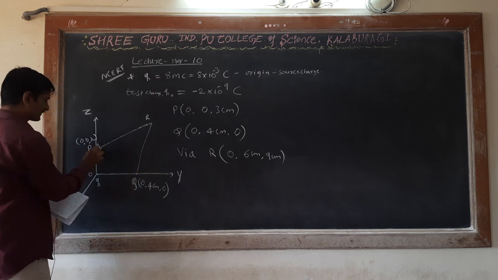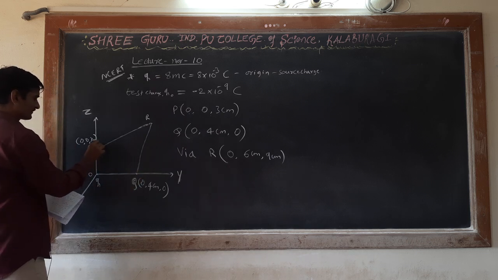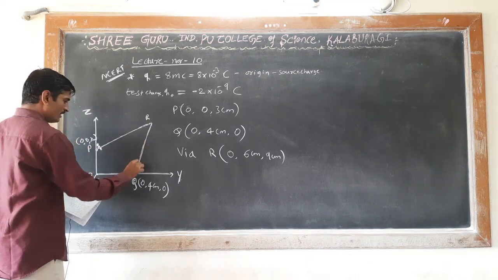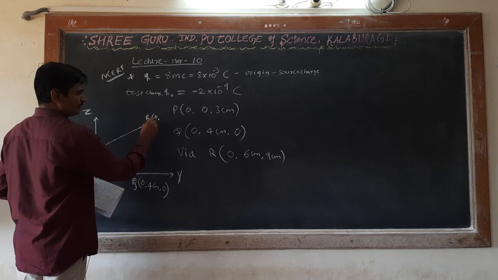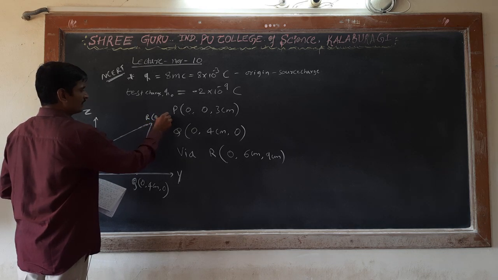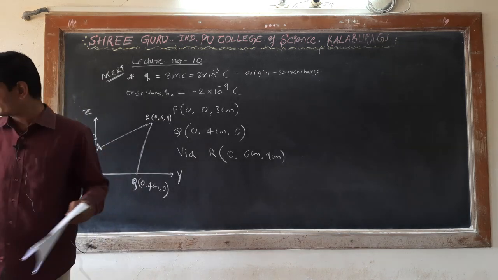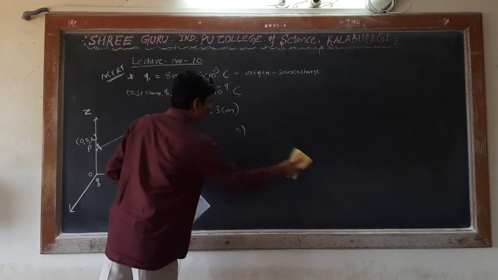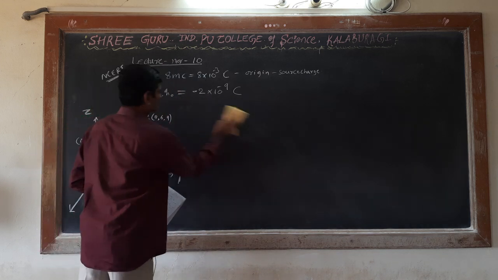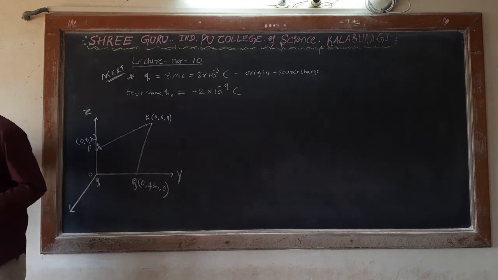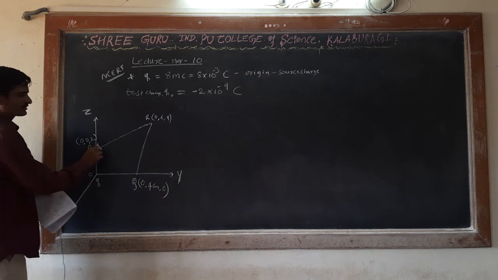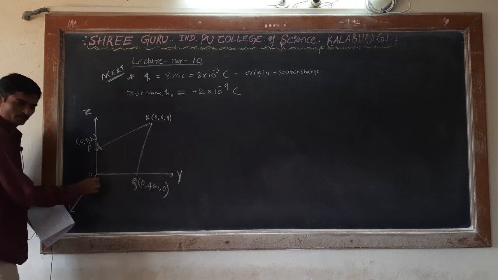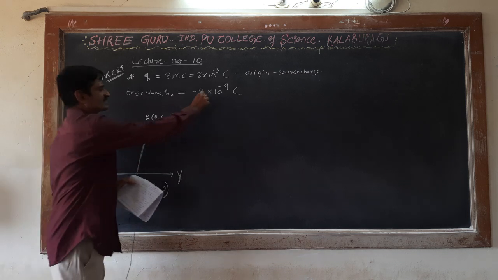Totally the charge q naught has to be brought from the point P to Q via R. Understood the diagram? I am just drawing it as per the coordinates. So the charge q is the source charge and q naught becomes a test charge.